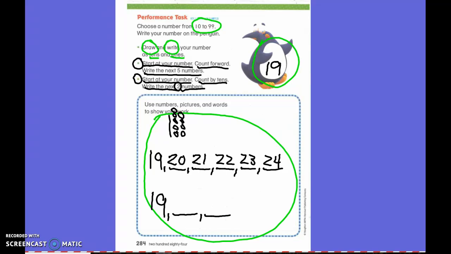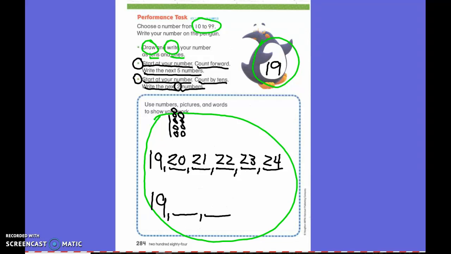So what's 10 more from 19? 29. So I'm going to write 29. And then what's 10 more? 39. So I'm going to write 39.